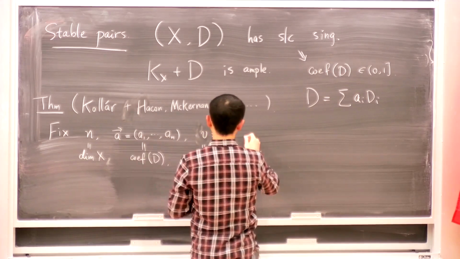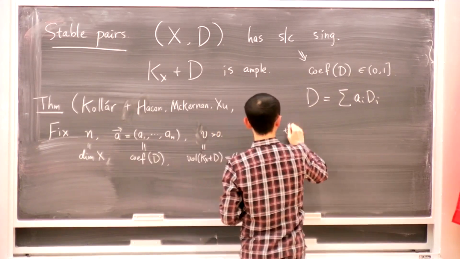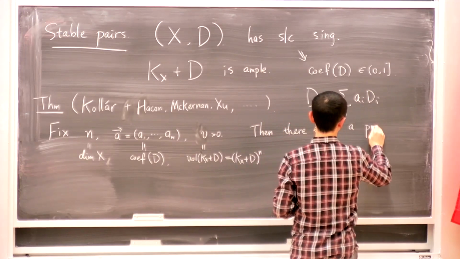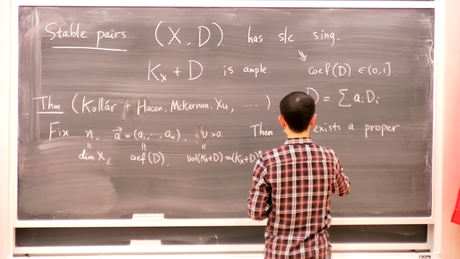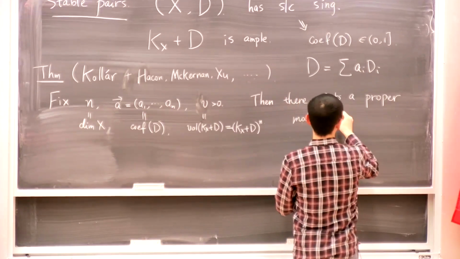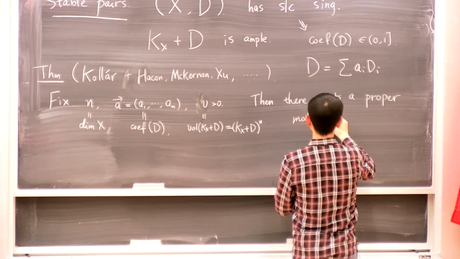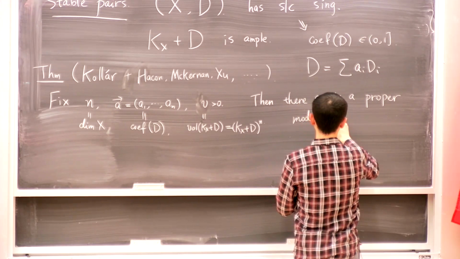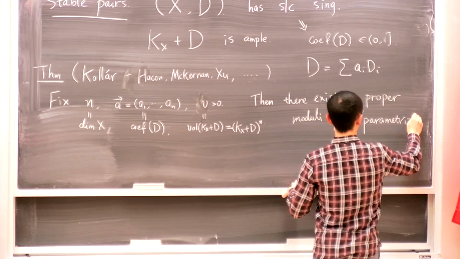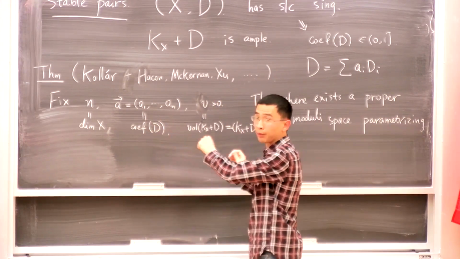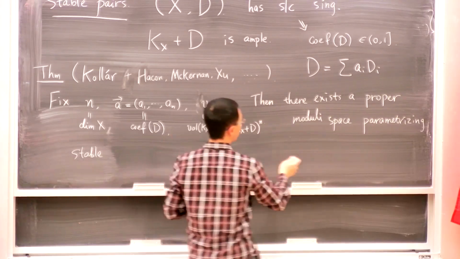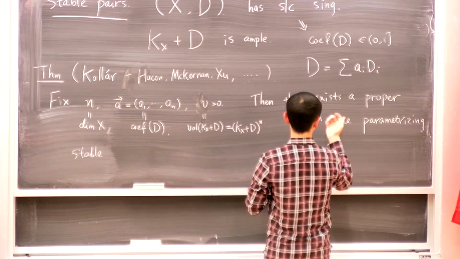So once you do this, then there exists a proper moduli space. If you want projective, I need to put more names over here. Maybe I should say proper Deligne-Mumford stack first, maybe that's the better word.